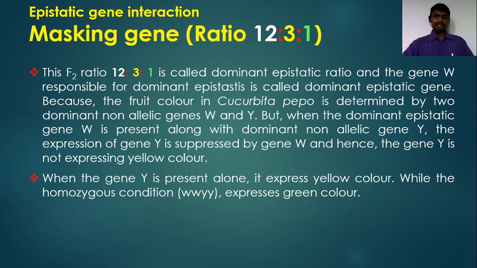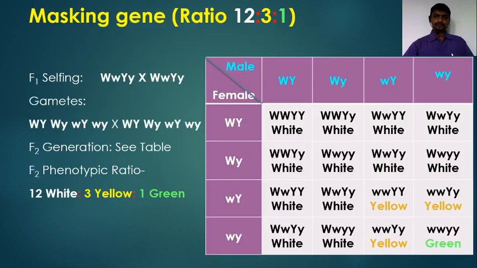Okay, so that we saw in the checkerboard also. Here also this small w w, capital Y Y, because of the presence of recessive gene w, this Y gene gets expressed because it is dominant, and there is nothing to mask this Y gene. There is no dominant W gene for masking the phenotypic expression of dominant gene Y. So the yellow color has appeared in the individual.